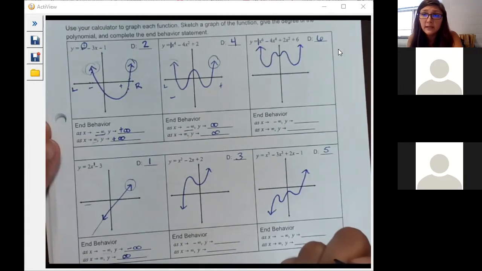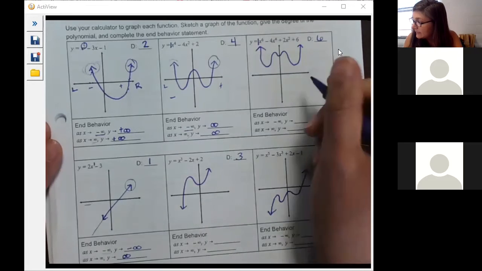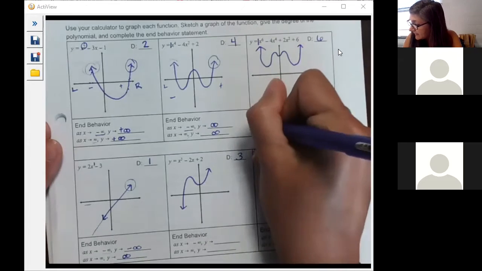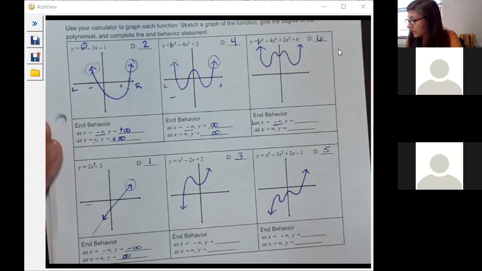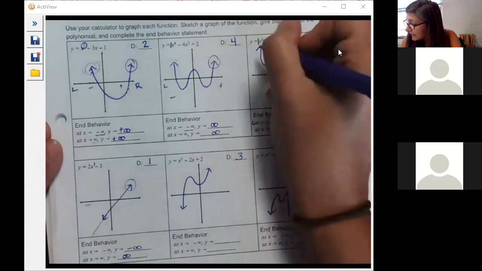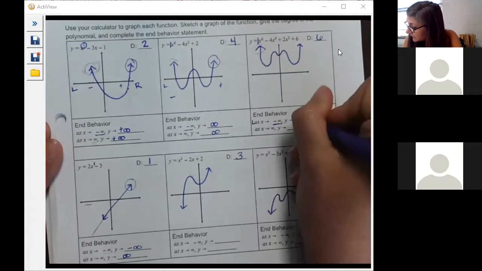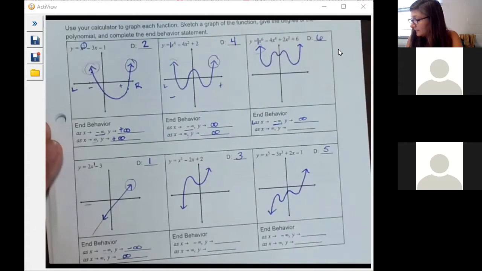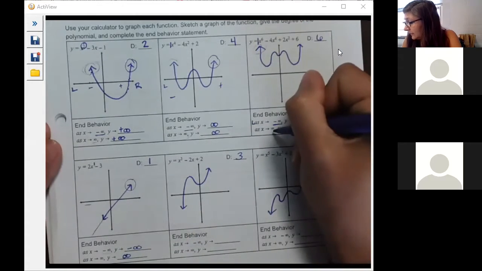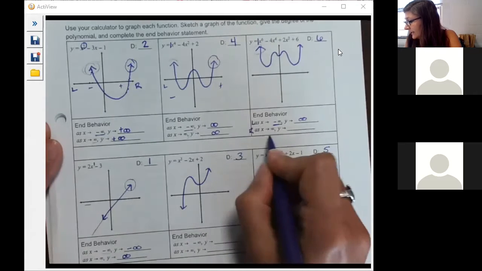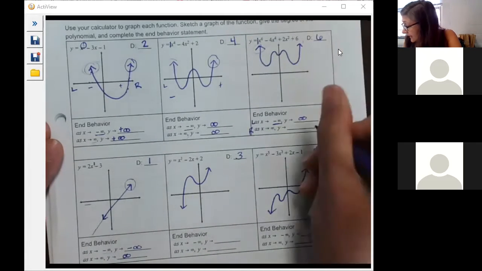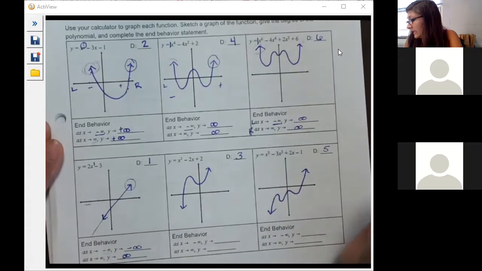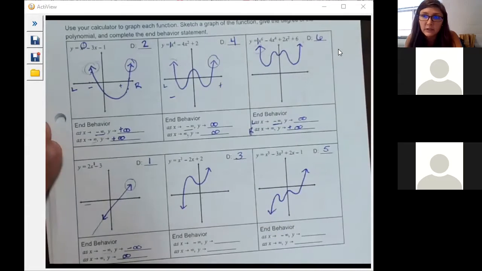That's all we're filling in for end behavior. Same thing over here. On the left side, that's when we see negative infinity for the x portion of it. On the left side, our arrow points up, so that's infinity for the y. On the right side, our arrow is again pointing up, so that's again infinity. And if you like positive infinity better, that's fine too.